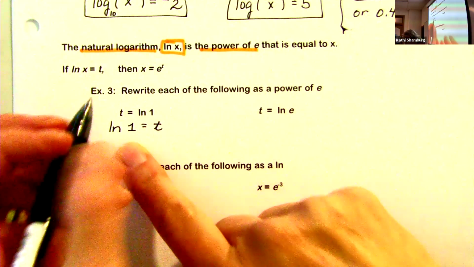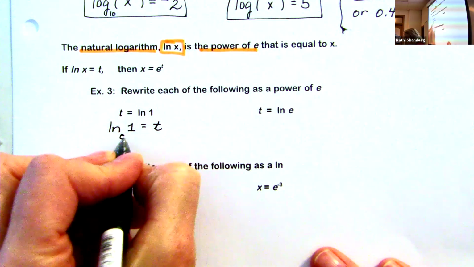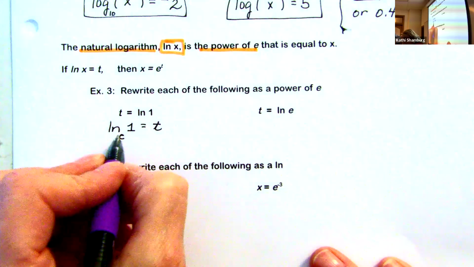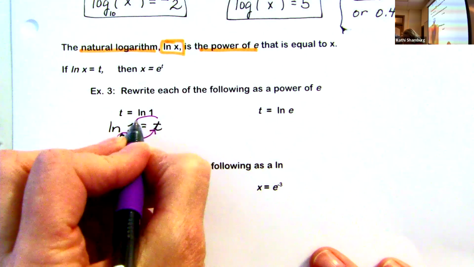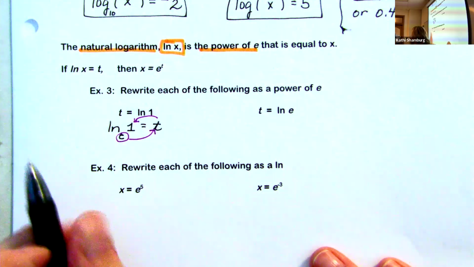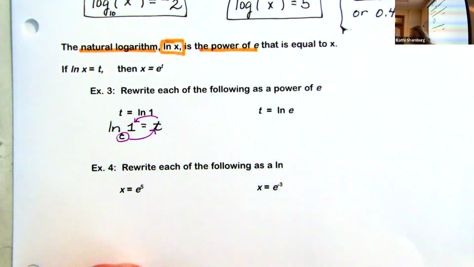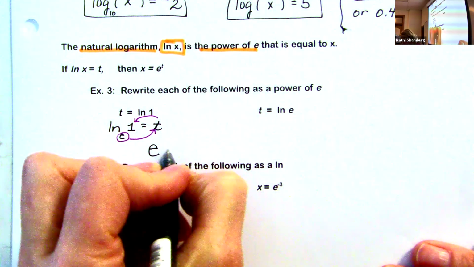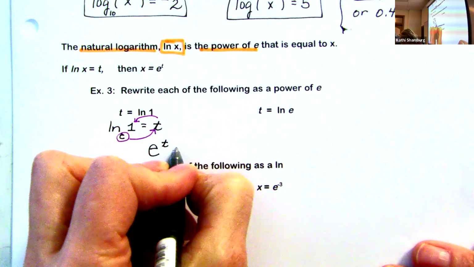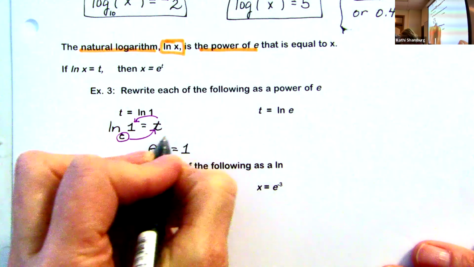As soon as I see natural log, I know it has a base of E. So now to write it as an exponential, I can do my counterclockwise. And when it was written the other way, I can't do that as easily. So we would write this as E raised to the t power equals 1.